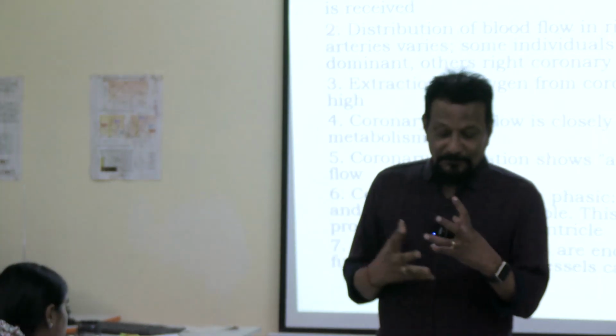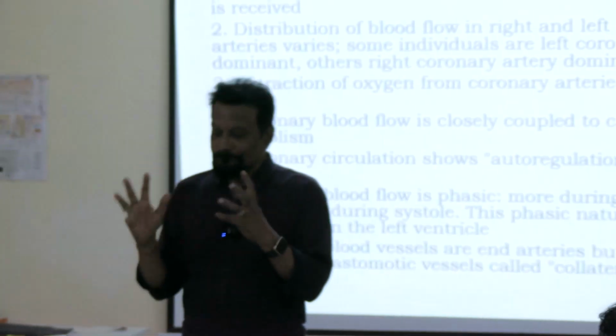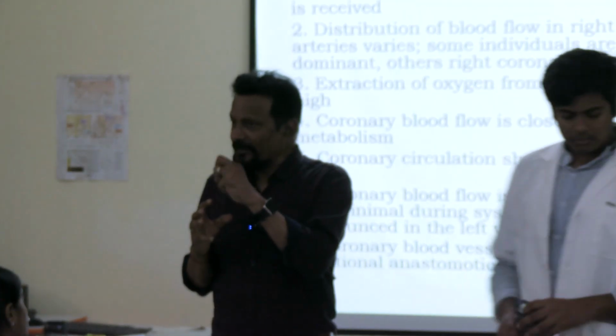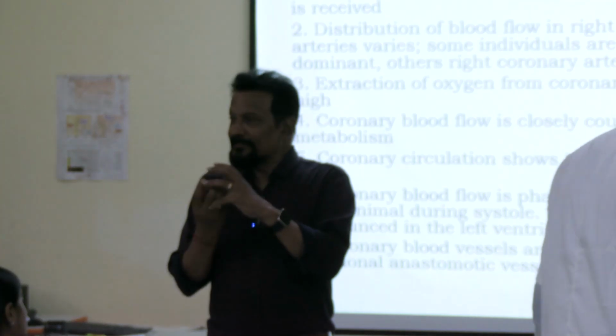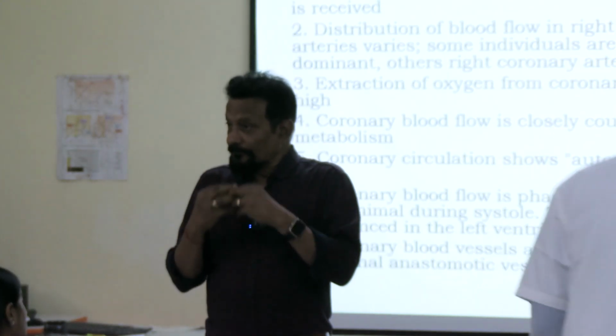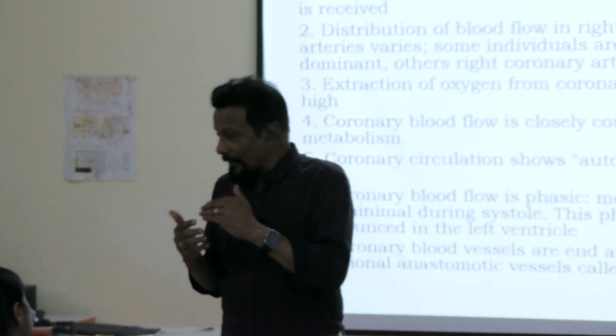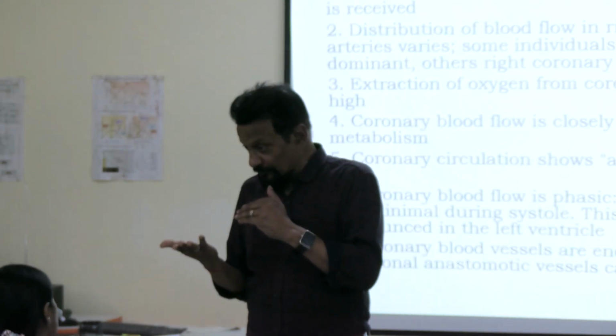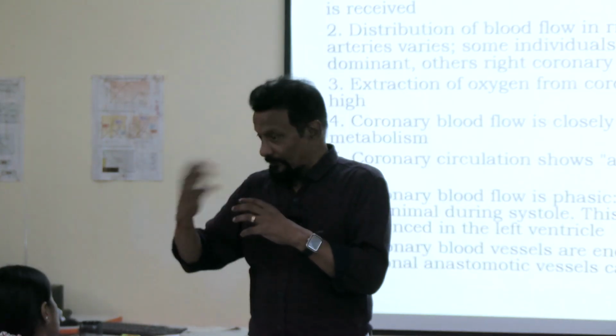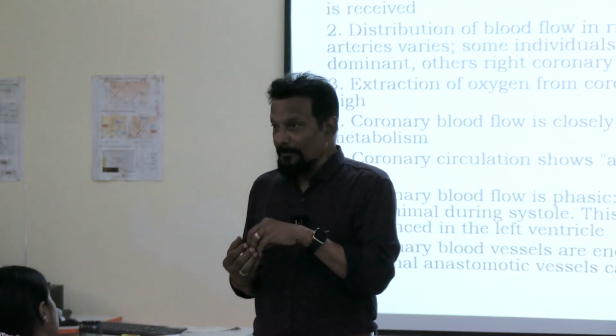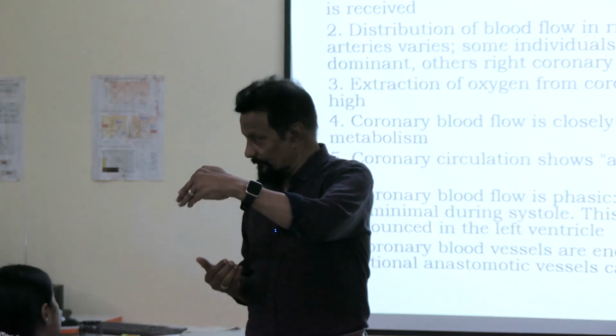Let us understand this. Cardiac muscle is working, so a lot of metabolic reactions are going on, and a lot of ATP has to be produced. So more oxygen will be required. So the higher the oxygen requirement, the higher will be the blood flow.